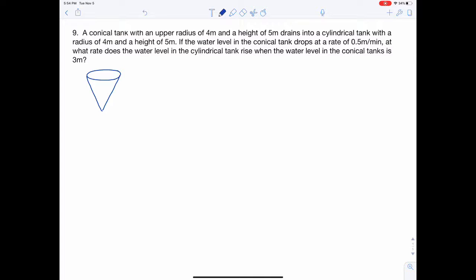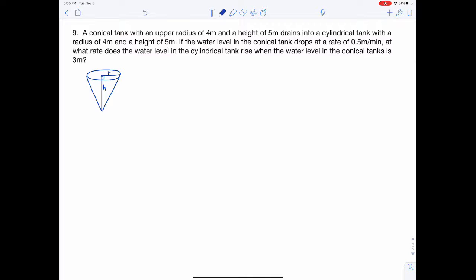Okay, and it has a radius, which I'm going to label R, and it's got a height, which I'm going to label H. So this is a conical tank, and it's got water that's draining out of it.